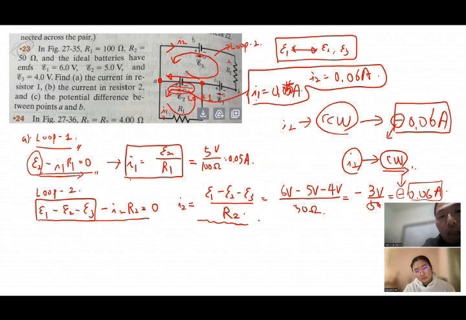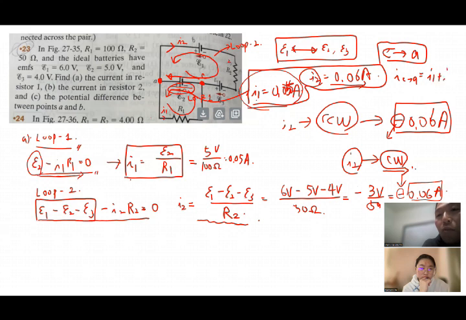So along this junction from A to, let's name this one C, from A to C, or I mean, sorry, C to A actually. C to A, two currents actually flow the same direction. I1 is 0.05, 50 milliamps from C to A. I2 flows C to A too. So your total current along the C to A must be I1 plus I2.